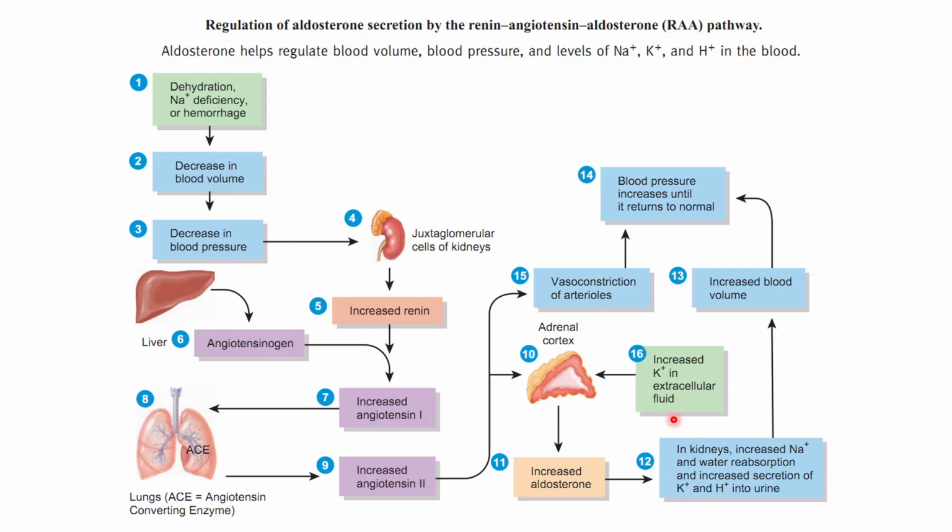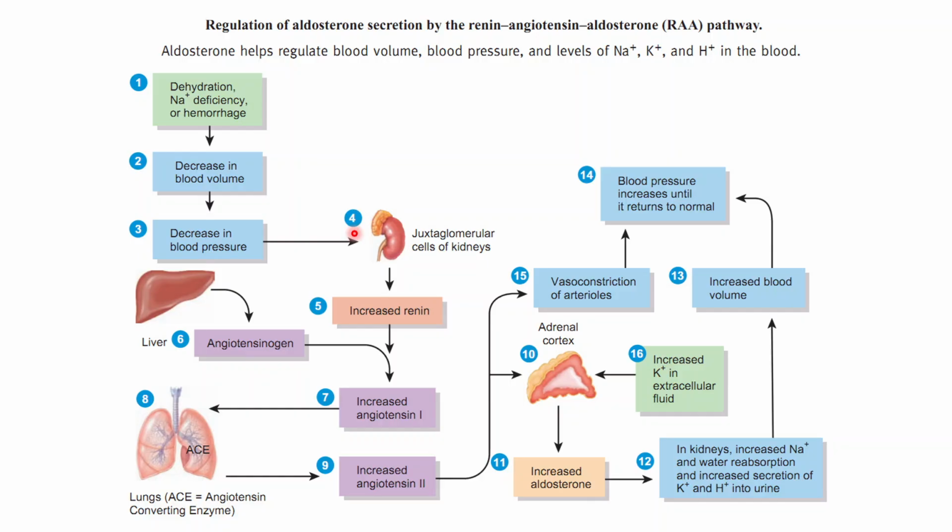There are a lot of feedback loops that regulate RAS. Once you restore the blood pressure and it's normal again, the increase in volume eventually suppresses renin release. So there's a negative feedback. Once you've achieved the required blood pressure, this can tell the kidneys that we don't need any more renin.